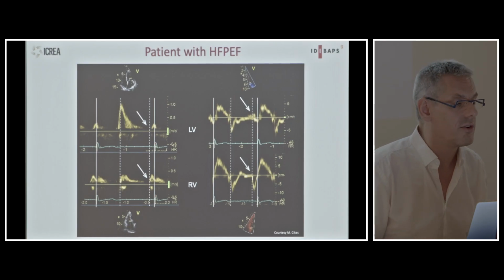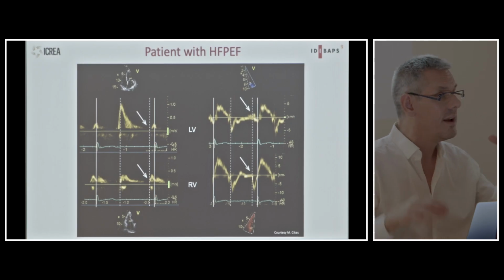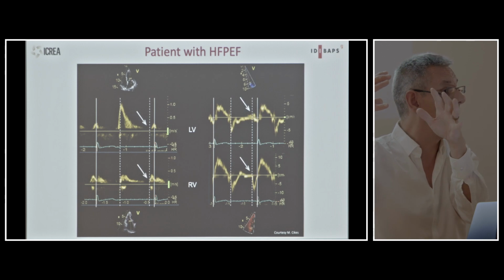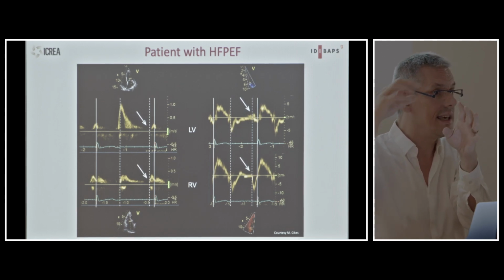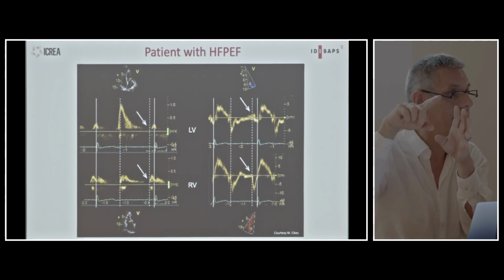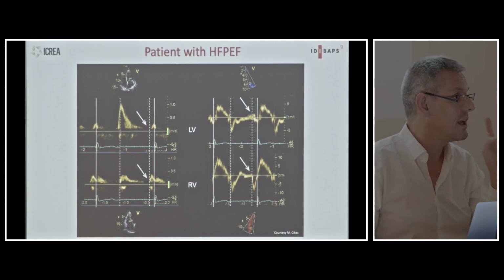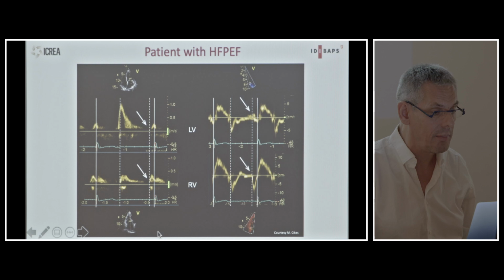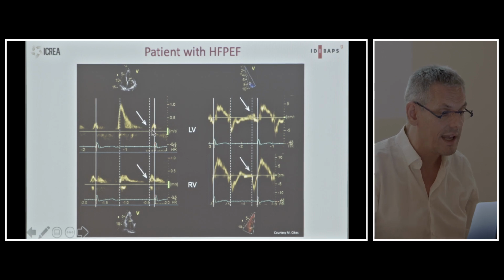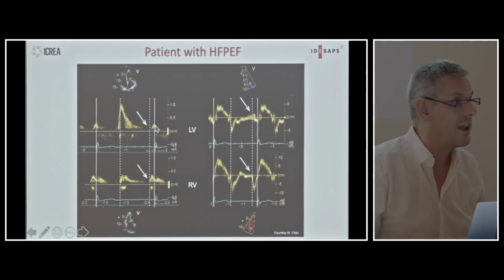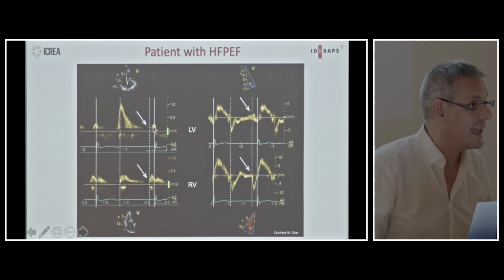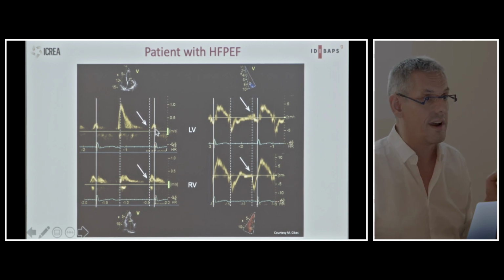Very briefly, interatrial delay. What you will see there, especially in patients that have very dilated atria, is that actually the activation of the left atrium is much later than the right atrium. And I think this is something which is really interesting. Here you see, for example, a HFpEF patient where you clearly see that when we look at mitral versus tricuspid, there's a very big delay. And what you also see here is that actually the A wave filling in the left side is interrupted by the ventricular contraction.